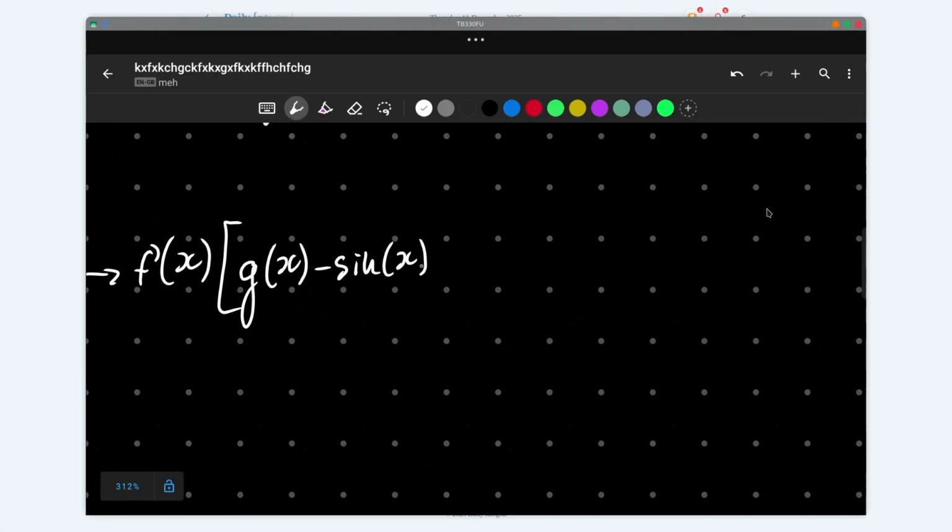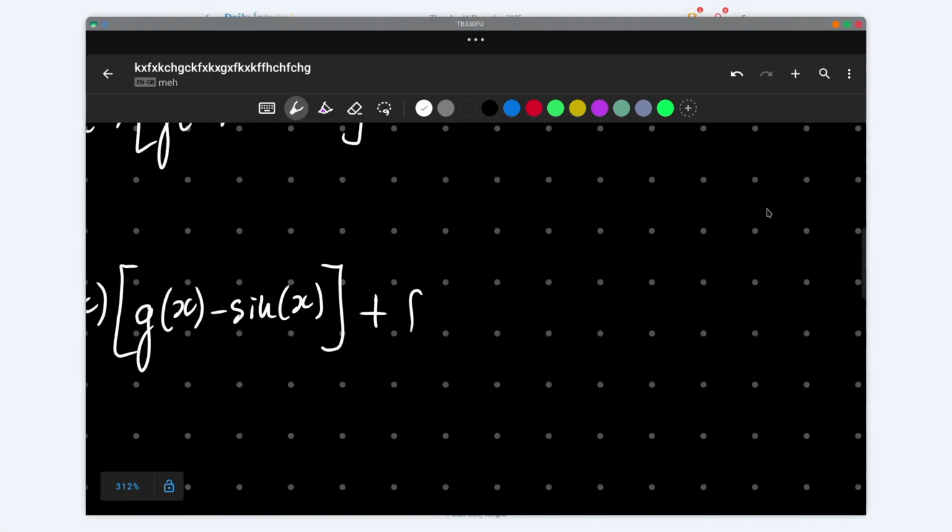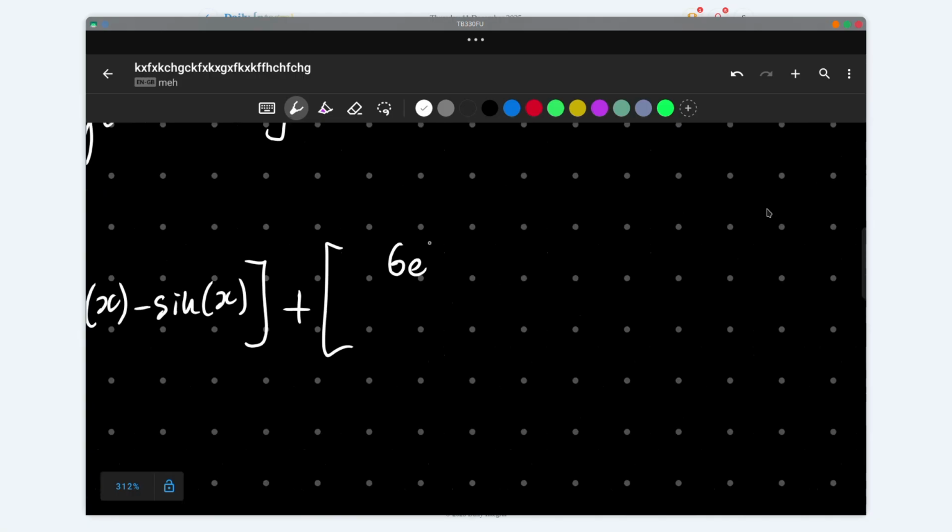And then the other part is the other part, which they baited us with, which they actually didn't. F of x is just 6e to the x over g of x minus sine of x.